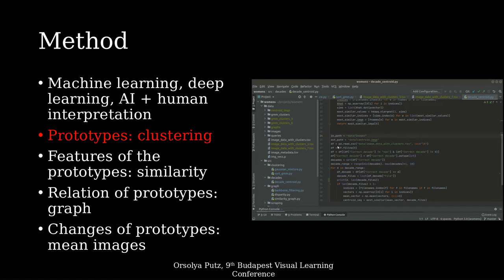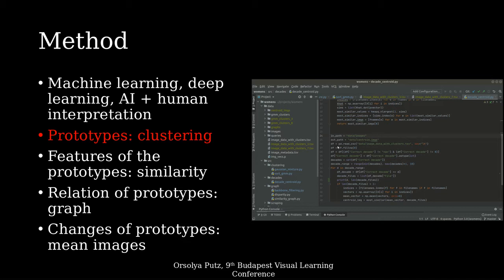This issue was tackled by generating the main image of each decade and then comparing them. Due to the time constraints, I cannot tell more about the technical and theoretical background of the methods, but I will go into further details in my conference talk.